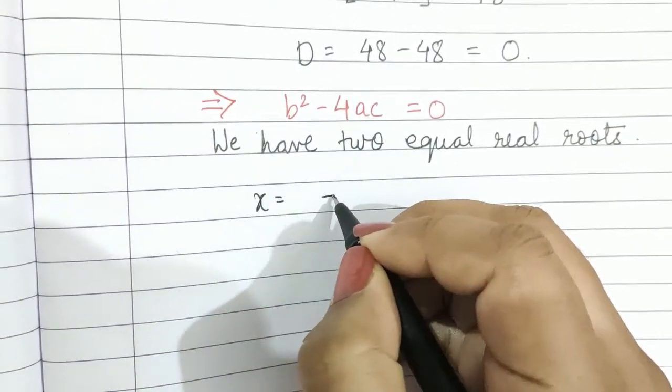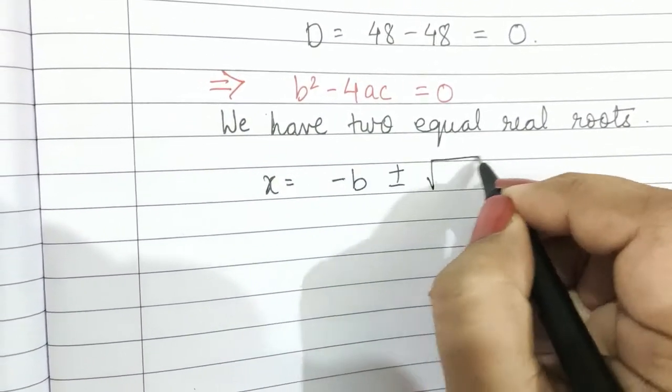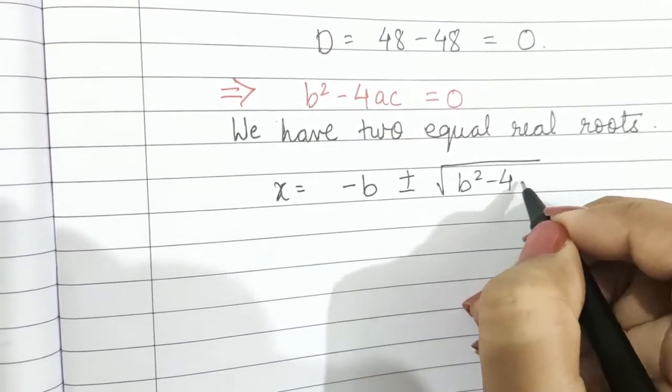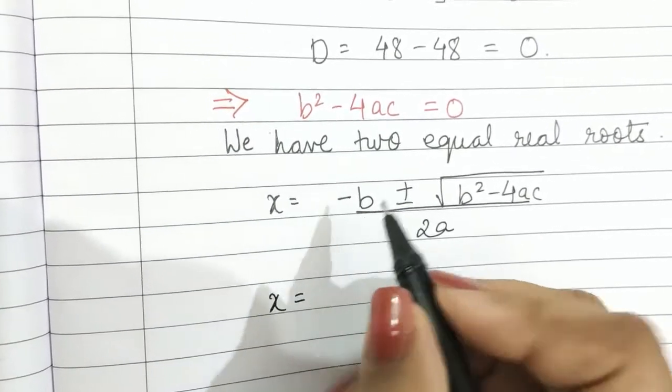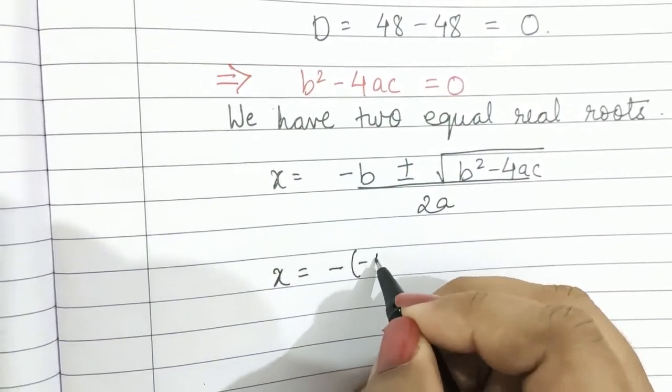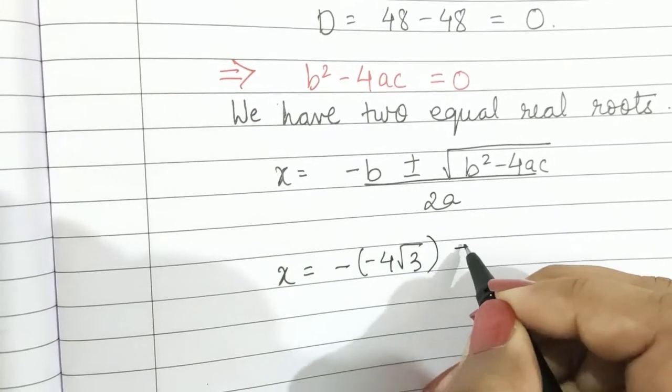X equals to minus b plus minus under root of b square minus 4ac upon 2a. X equals to minus b is minus of minus 4 root 3 plus minus.